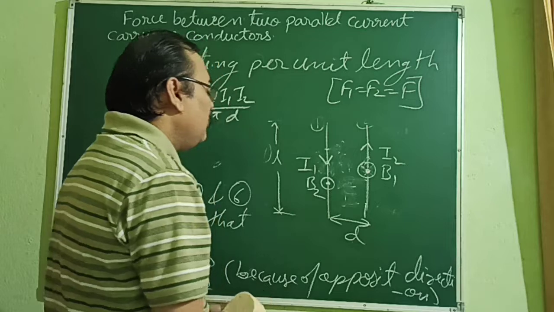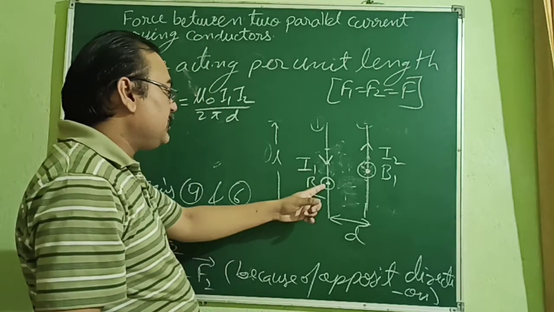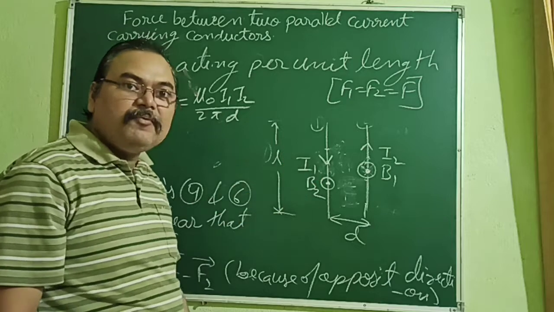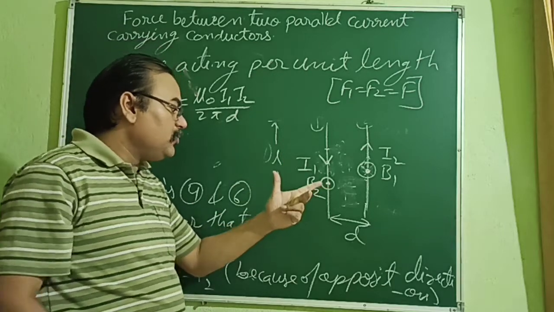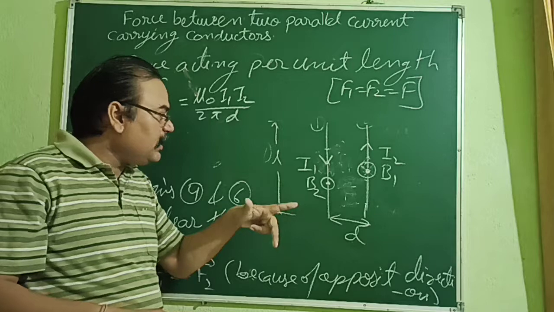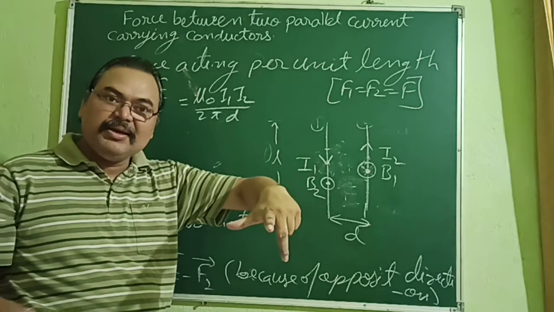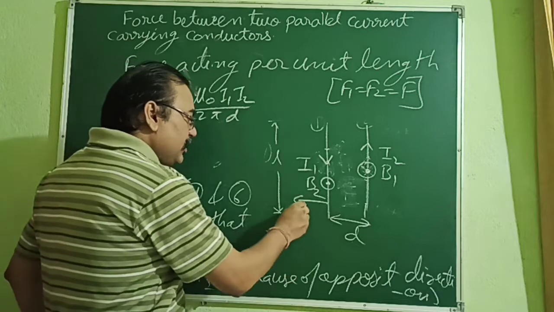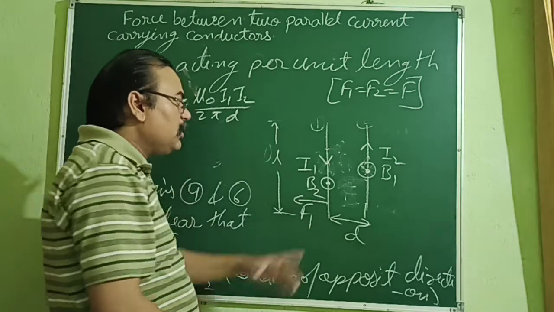Okay. Now, on this, the direction of magnetic field is same. Direction of current has changed. So let's find out the direction of force acting on this conductor. Now, this is direction of current, so it is downward direction. Magnetic field is towards you, so you can see force is towards me. Okay. So F1 is acting in this direction. What about this?